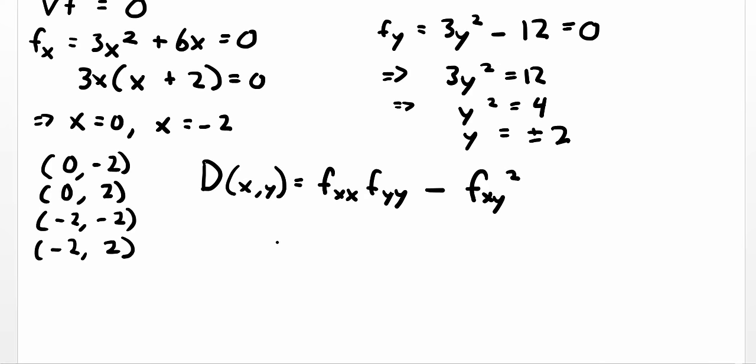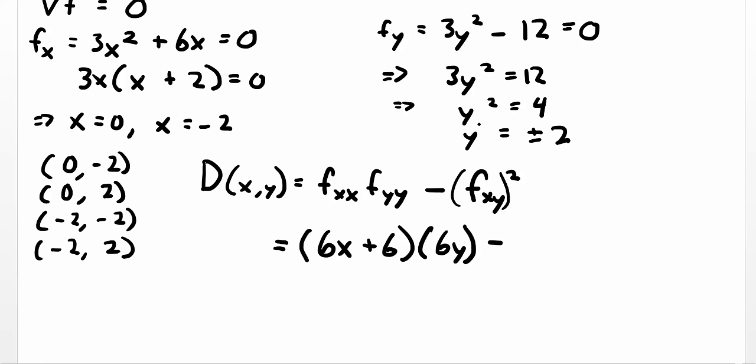The second partial derivative with respect to x is 6x plus 6. Second partial derivative with respect to y is 6y. The mixed partial derivative, you can use either one. If we take the derivative of fx with respect to y, we see that there's no y's showing up, so this is just going to be 0 squared.